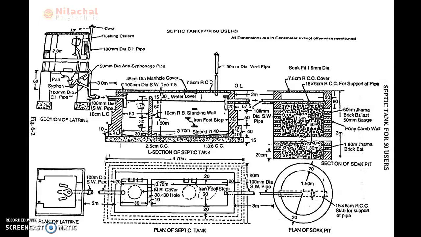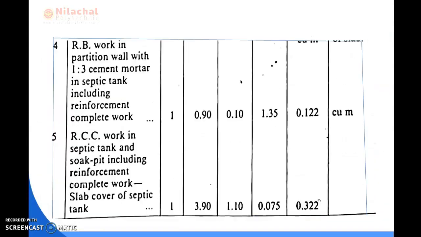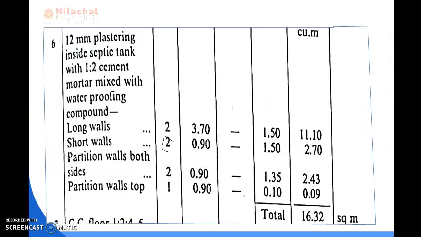And the height is the same 1.50, for the long wall also 1.50 and for the short wall also 1.50. So we write the long wall length 3.70 and height 1.50, and short wall length 0.90 and height 1.50.